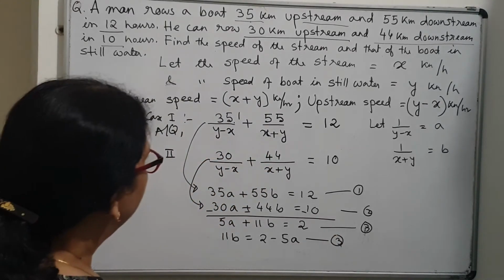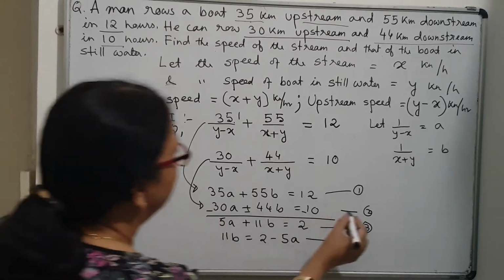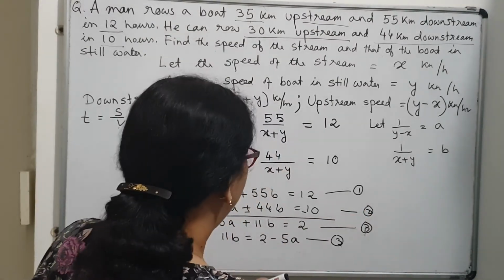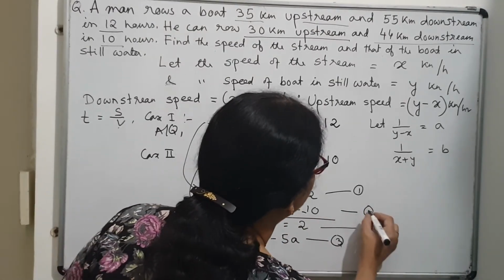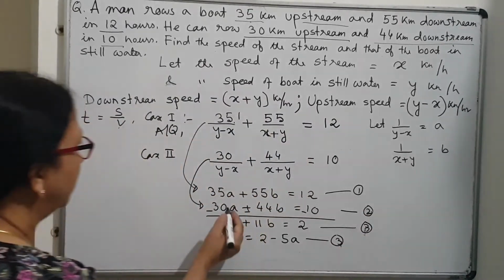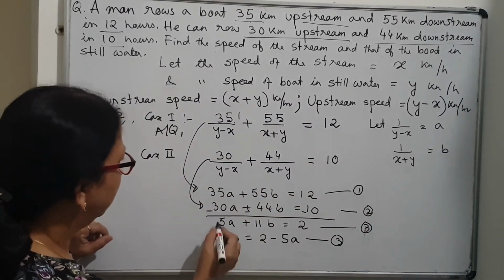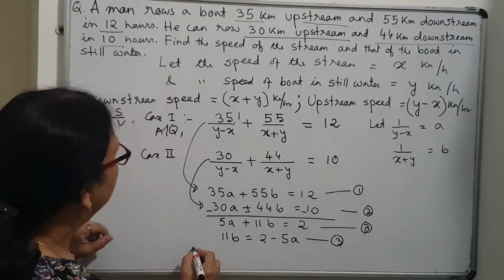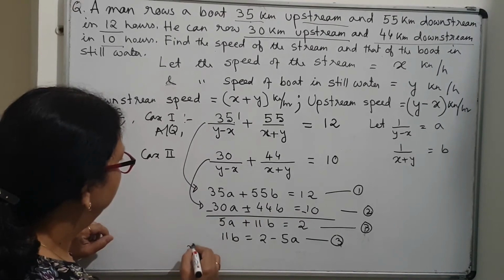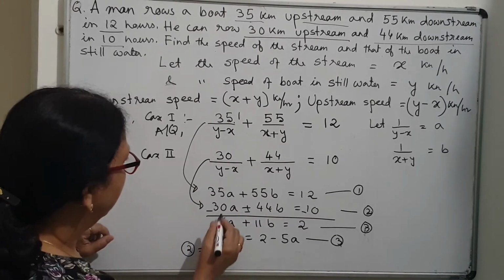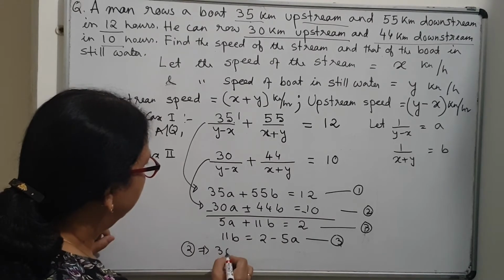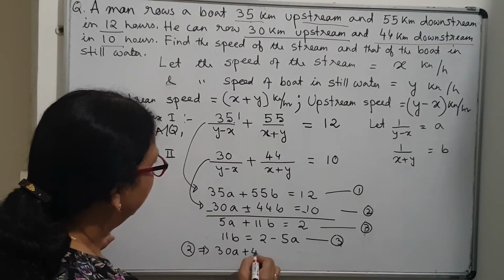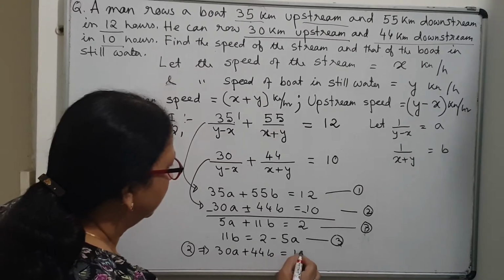So what I'll be doing now? Now I'll take this equation 2. Equation 2 can be written in this way: 30a plus 44b is equal to 10.